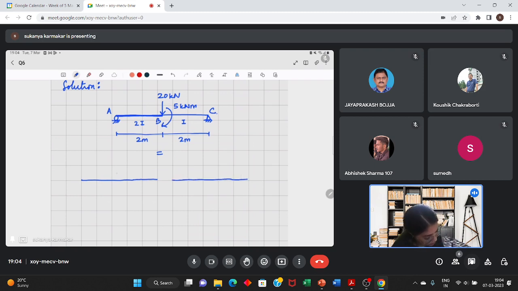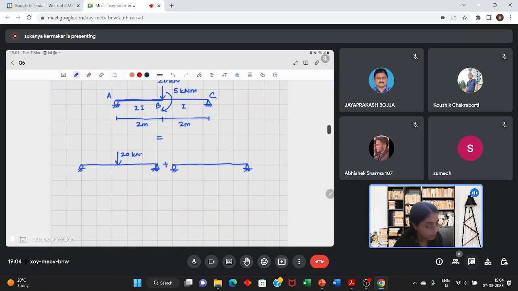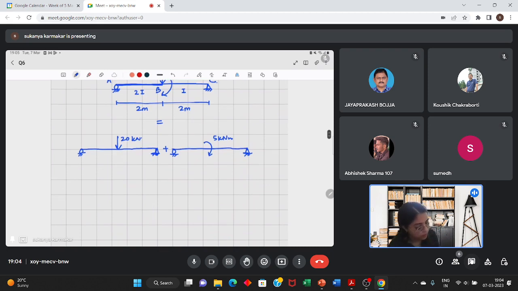So on one structure there will be a load of 20 kilonewton, and on the other there will be a moment of 5 kilonewton meter. This is clear.